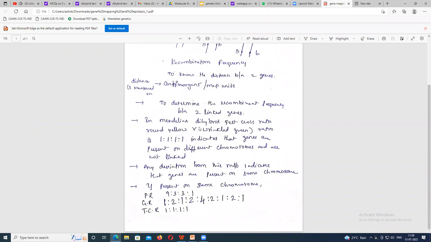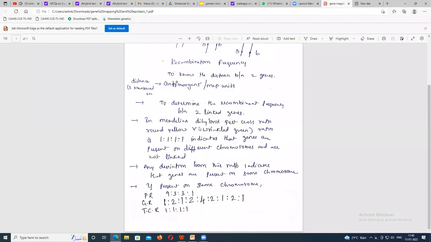Round and wrinkled, yellow and green. You are considering two characters, round and wrinkled, yellow and green. Always the hybrid will have heterozygous nature, capital R small r and capital Y small y. That will be the genotype of the F1 offspring or F1 hybrid.